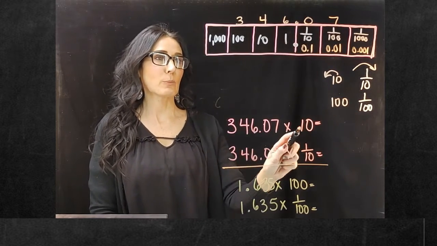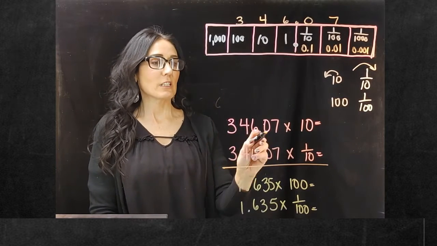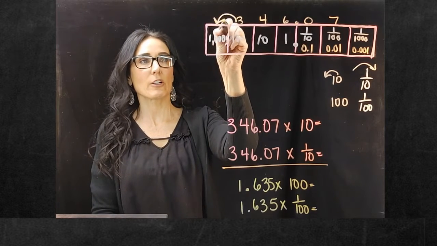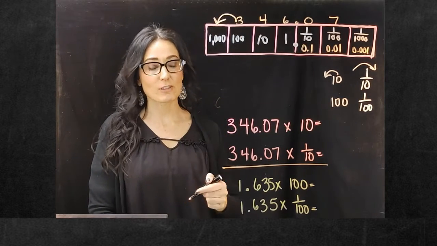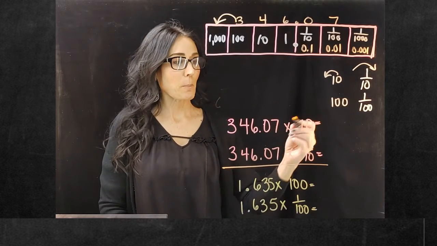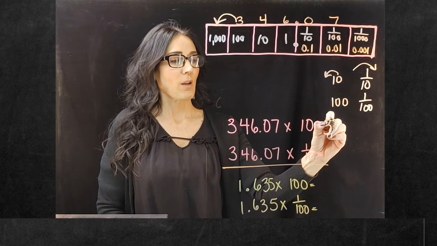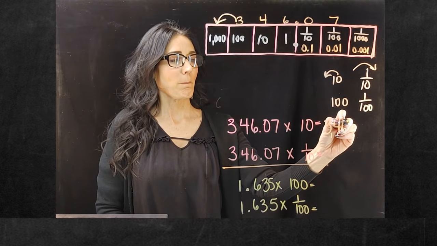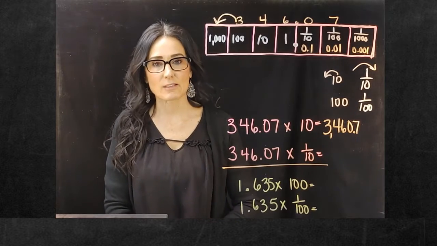So for starters, we want to make this number 10 times larger. In order to do that, when we multiply by 10, we're making it 10 times greater, which means we have to move everything over and start with the thousands, or the 1,000s. So we're going to say that this equals 3,460 and 7 hundredths.